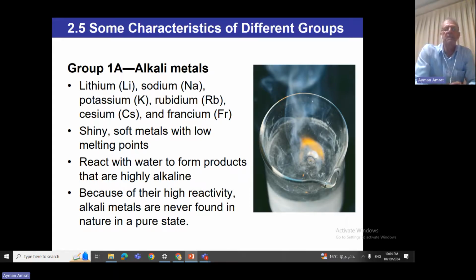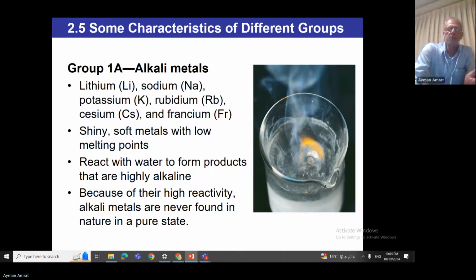They are basic or alkaline solutions. They are highly reactive, sometimes explosive when reacting with water or with oxygen in air. For this reason, they are never found in nature as pure substances, because they are highly reactive.